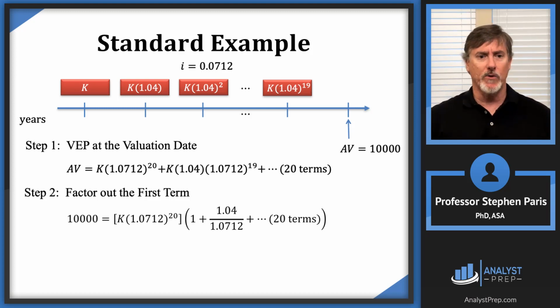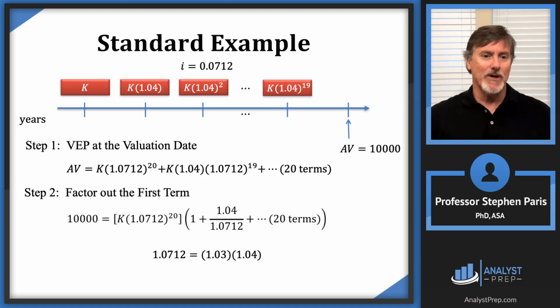At this point, looking at the parentheses, I see 1.04 divided by 1.0712 as the second term, and I've got 20 terms total. You can complete the problem without recognizing this, but I use this 7.12% interest rate for a reason. They do this all the time on these types of problems.